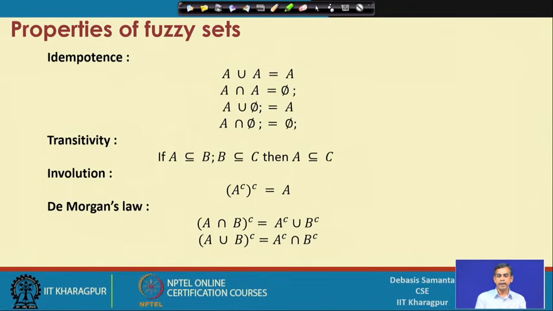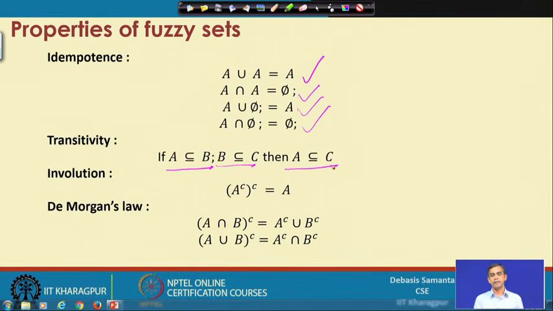That means if A is a fuzzy set and we take the union of A with itself, it will give you the same fuzzy set A. Similarly, A intersection with its complement will give you the null fuzzy set phi, and these are simply understandable. Now, transitivity is basically: if A is a subset of B and B is a subset of C, then we can say that A is a subset of C. This is the similar operation that is applicable for crisp sets.